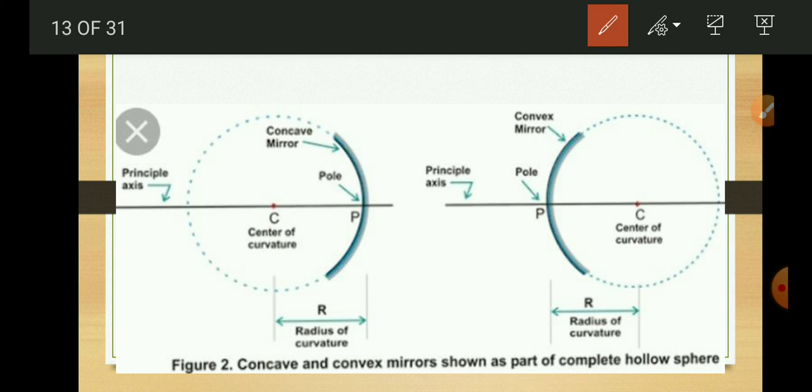So we can see in this concave mirror, the center of curvature is present in front of the mirror, and the center of curvature of a convex mirror lies behind the mirror. So this is the reflecting part of the convex mirror, and the center of curvature is behind the mirror.